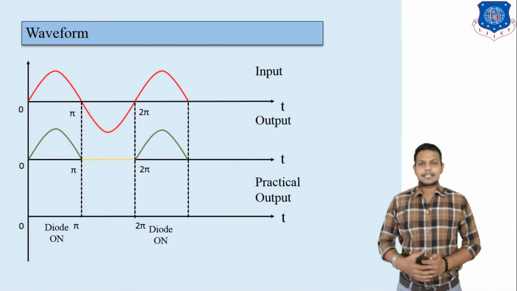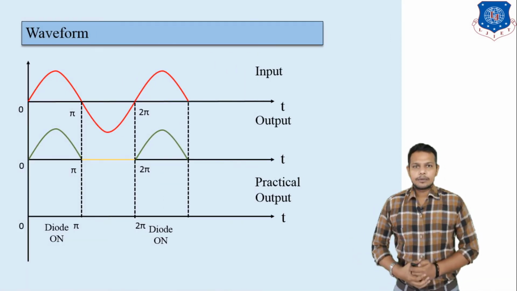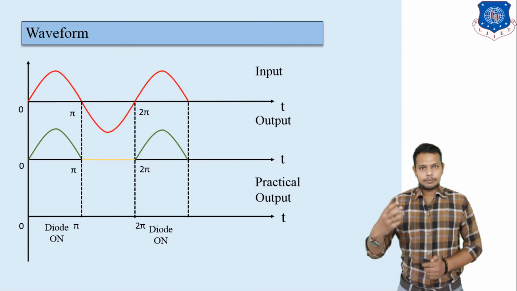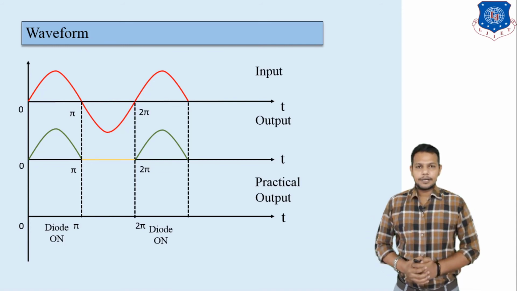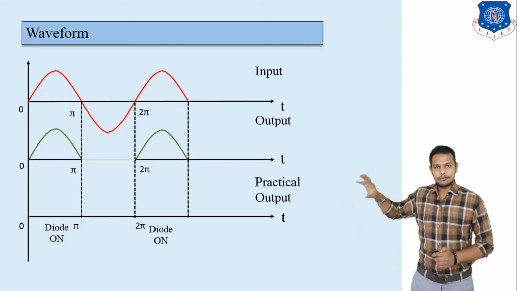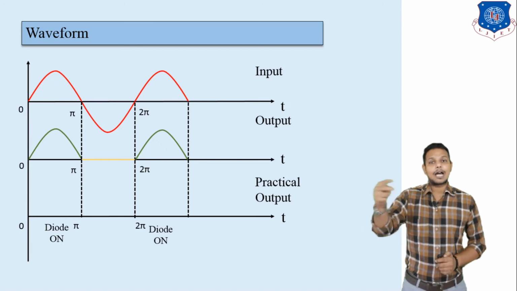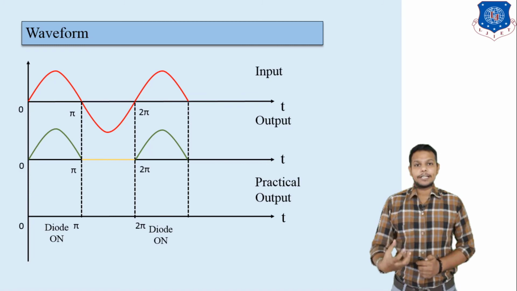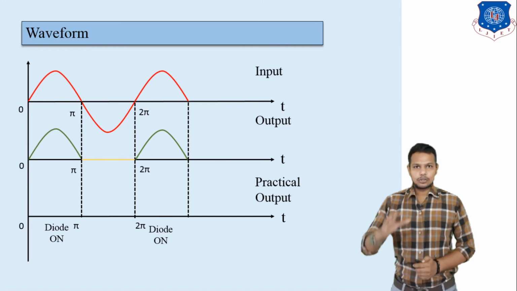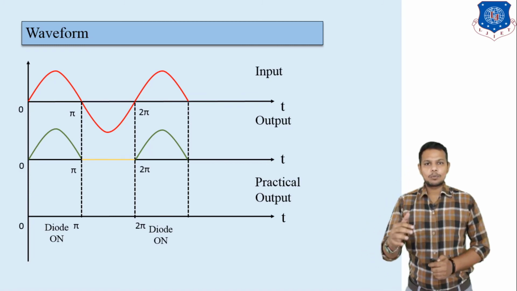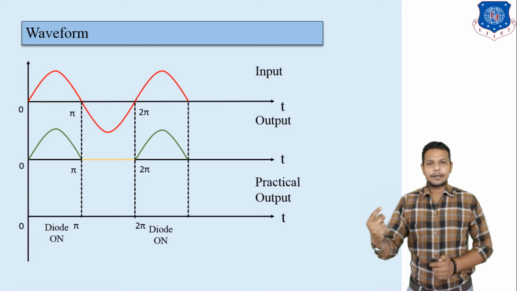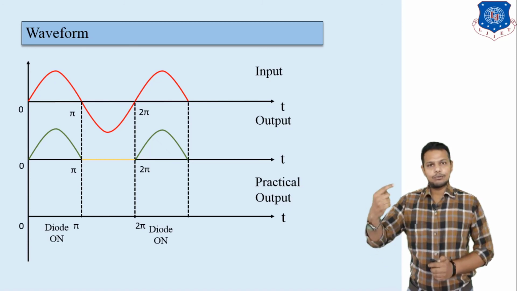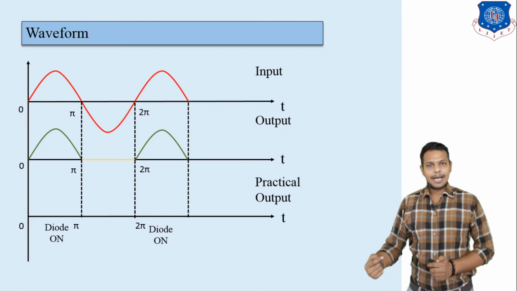So let us discuss some more things for this circuit diagram. If we measure the voltage across this diode, what will the voltage at the diode side be? As we discussed from input to output, if you enter a positive waveform, you will get a similar one from the output side.